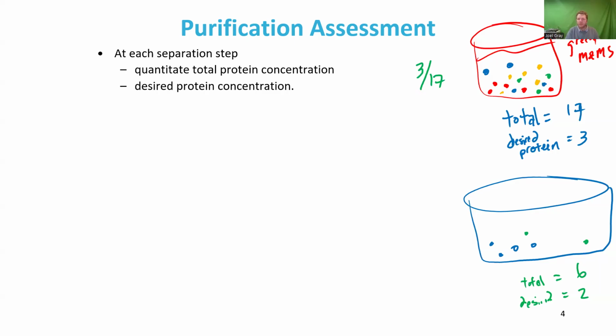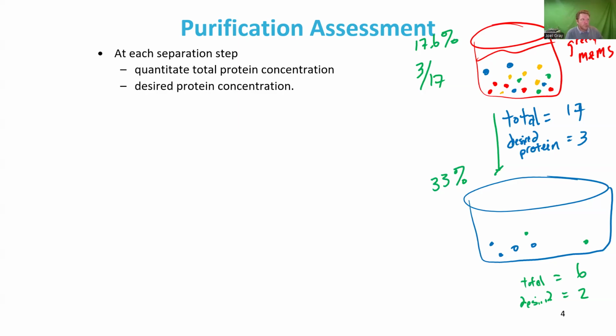My protein is about 17.6% pure. Does everyone see that? Now, after my first purification step, 2 divided by 6. Now my protein is 33% pure.